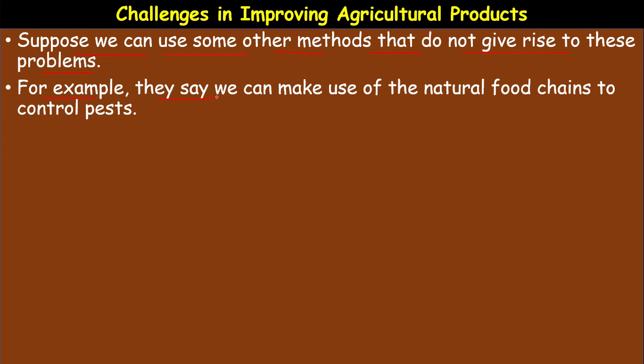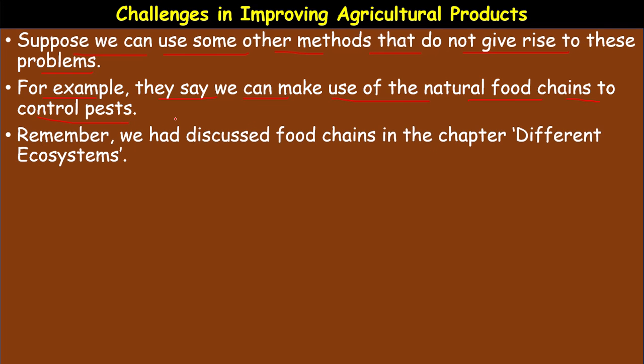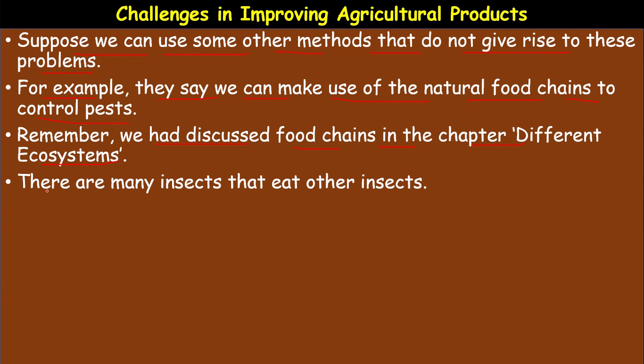For example, they say we can make use of natural food chains to control pests, not only natural enemies of those particular insects and pests. Remember, we had discussed the food chains in the chapter on different ecosystems, isn't it?